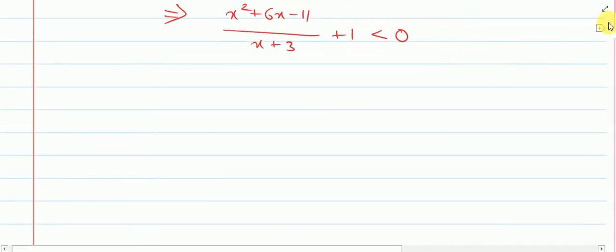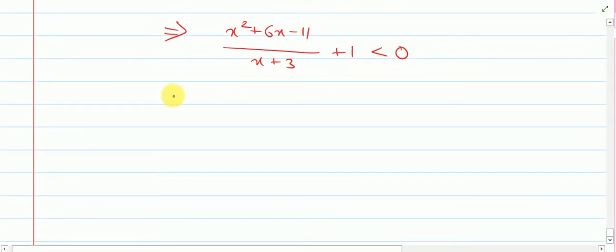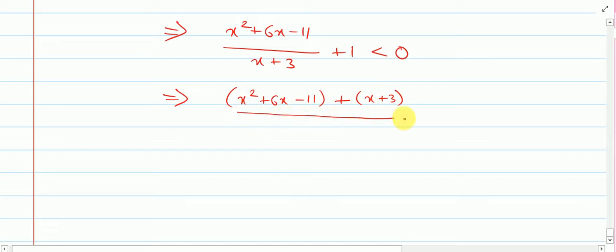Now you have to simplify the left hand side. So you will get x square plus 6x minus 11, put this in bracket, plus 1 times x plus 3, and in the denominator I am getting x plus 3, less than 0.